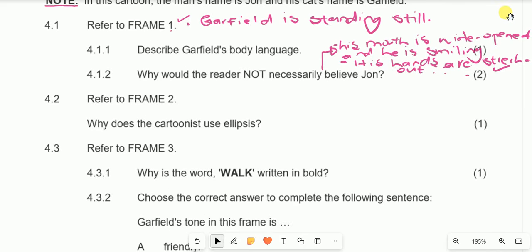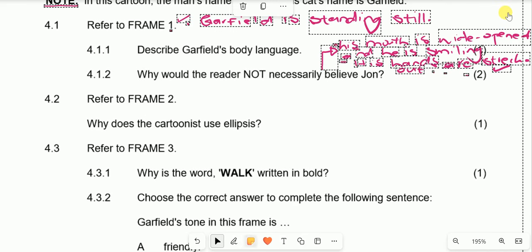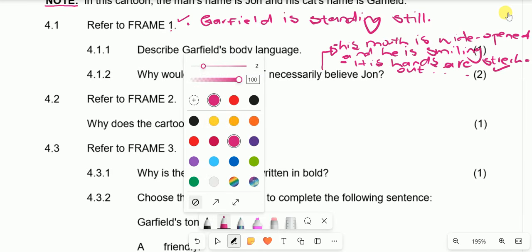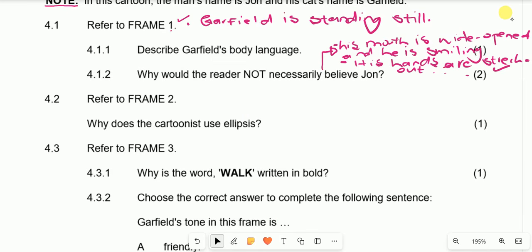In frame 2, why would the cartoonist use an ellipsis? I've been saying even in the previous cartoon we had a question based on ellipsis. Now here in the context of this cartoon, we know that ellipses are used to indicate that the character is not done talking.